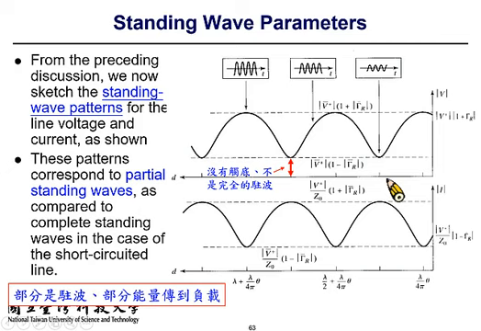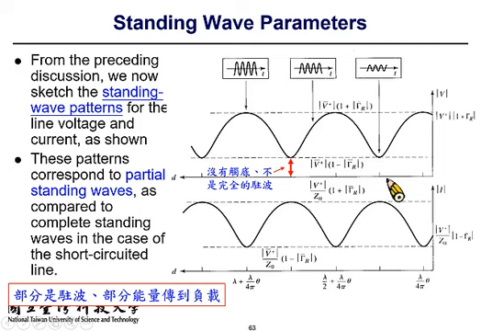And what is the SWR for the matching case? If you have a perfect matching for the termination, what is the SWR value, or what is the standing wave pattern? If you have a matching load, then you have no standing wave component.